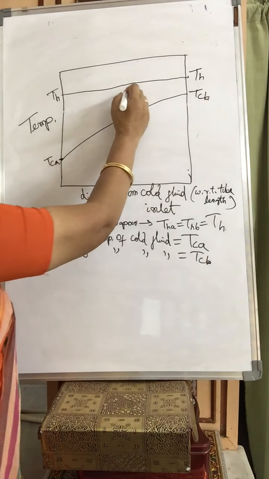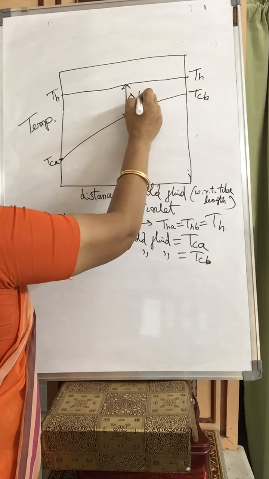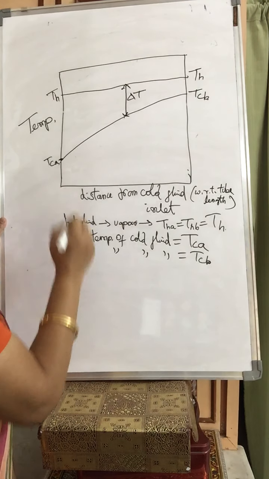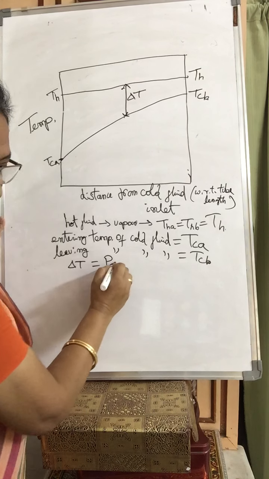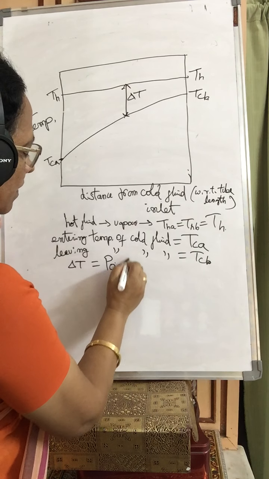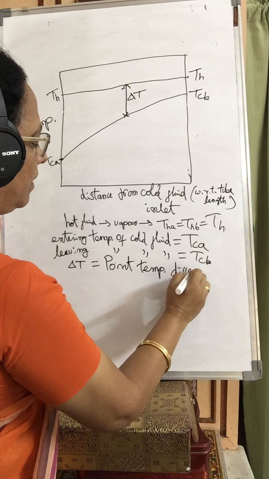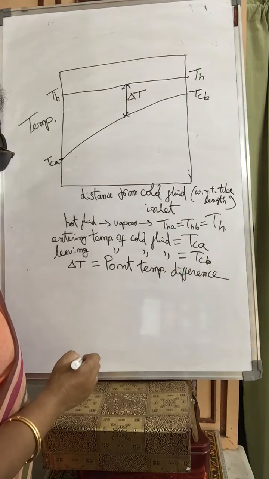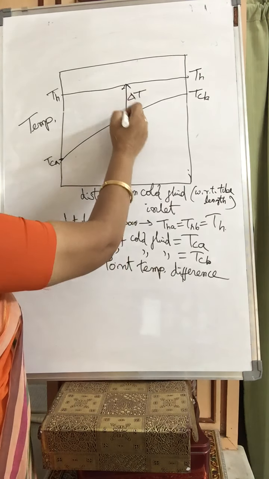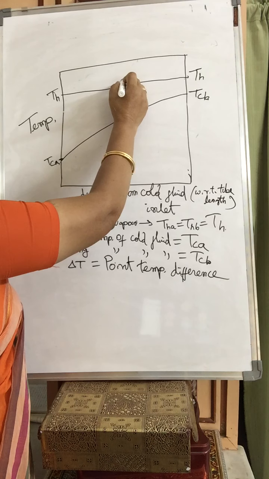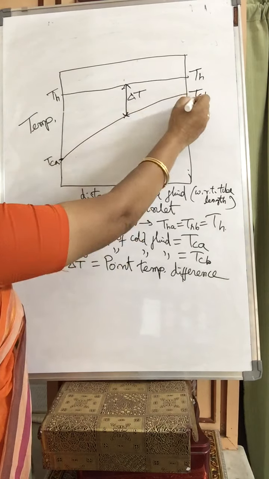So now you can see this is the difference here, delta T. So what is delta T? Delta T is called point temperature difference. Here the temperature is TH, here some temperature in between TCA and TCB.